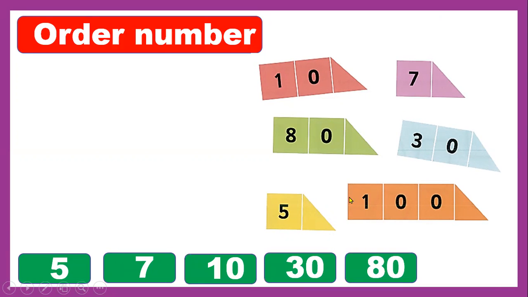Because it has three numbers, it will go last. So this is the order you can do by place value: ones, tens, hundreds. Keep in mind, when the ones are the same, you have to look at the tens. If the tens are the same, you have to look at the hundreds.